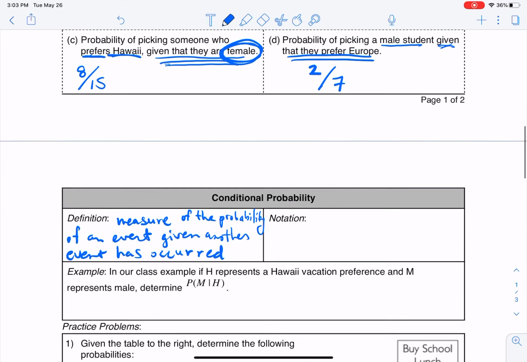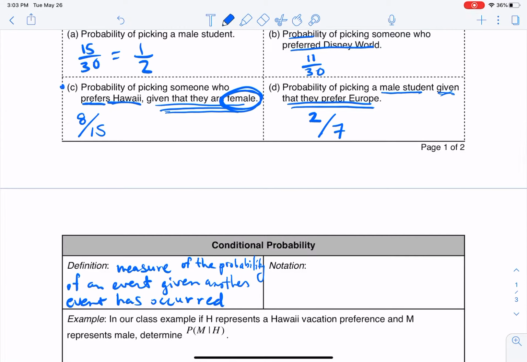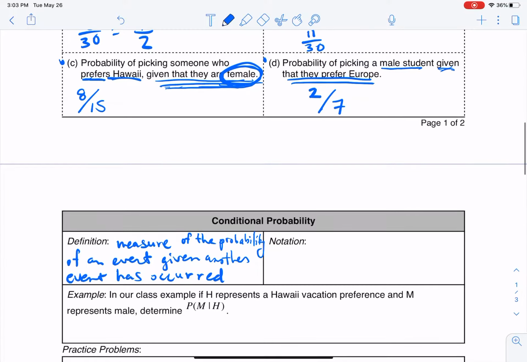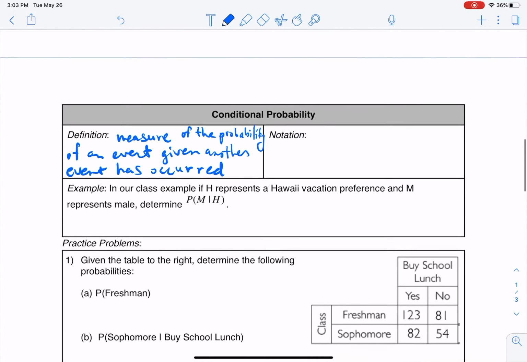So if you think about really part C and D, both of these involve probabilities of something happening given something else was true. Given, in example C, that we were talking only about the females, and in part D, that we were only talking about those students who wanted to go to Europe.